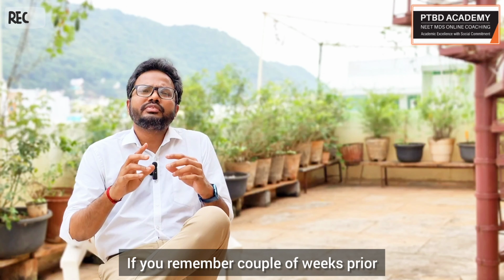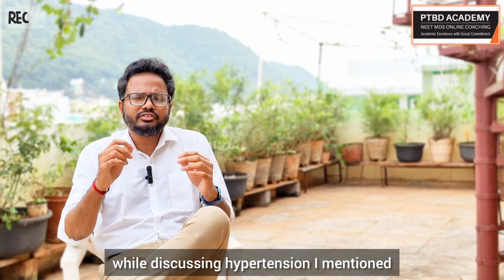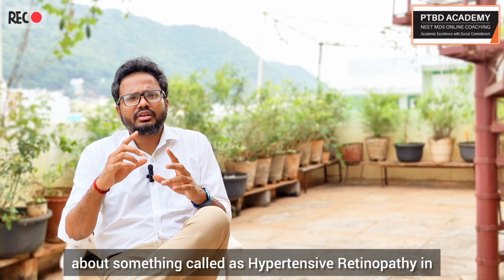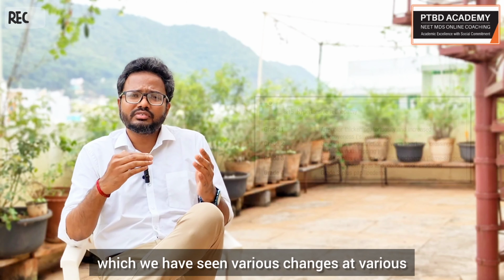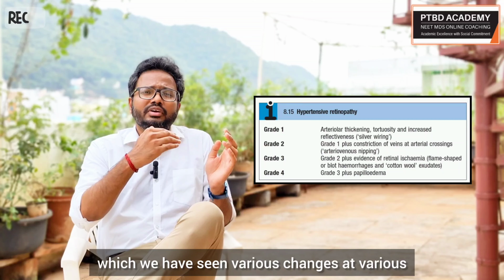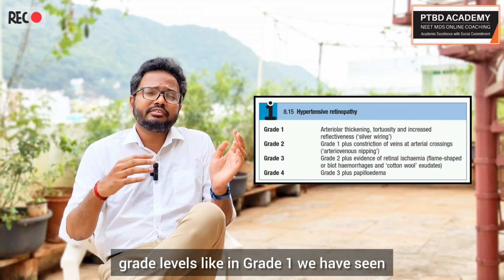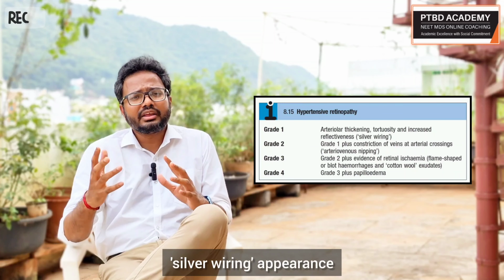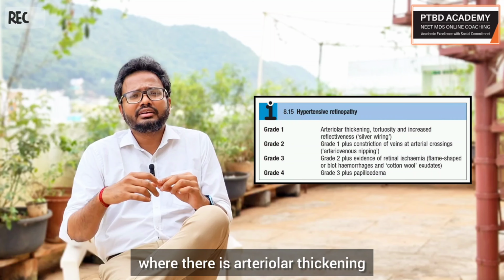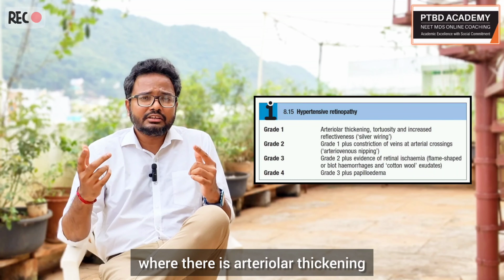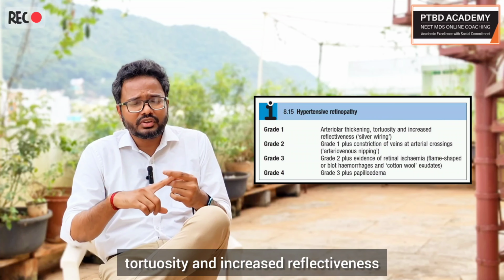If you remember, a couple of weeks prior while discussing hypertension, I mentioned something called hypertensive retinopathy, in which we have seen various changes at various grade levels. Like in grade 1, we have seen silver wiring appearance, where there is arteriolar thickening, tortuosity, and increased reflectiveness.